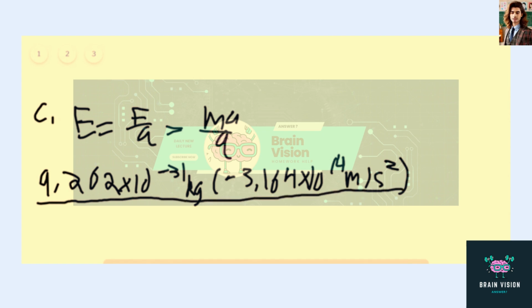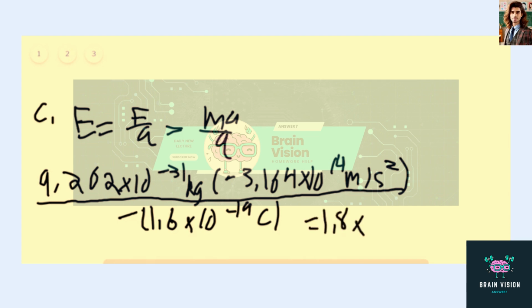And then our Q for an electron is negative 1.6 times 10 to the minus 19th coulombs. And that is going to give us 1.8 times 10 to the 3rd newtons per coulomb. And this is positive, so it is in the right direction, the same direction as the electron is moving.